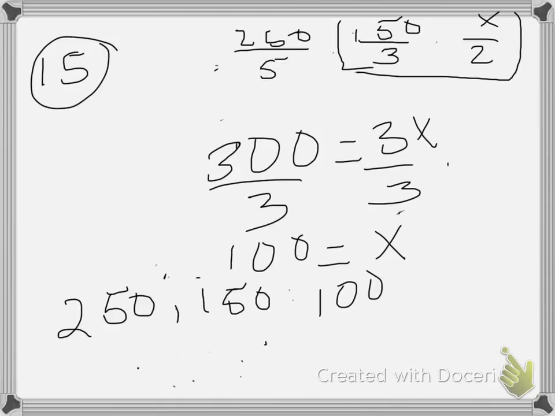If you wanted to check your work to make sure it's right, you got 250 to 150 to 100. If you're on a STAR test, you can just use your answers.